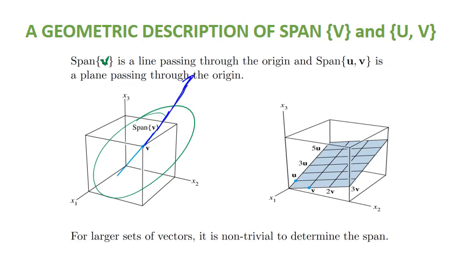That represents the span of one single vector. But then the span of U and V is everything in this plane here. So it just depends on what multiple of these vectors we're choosing. Okay.